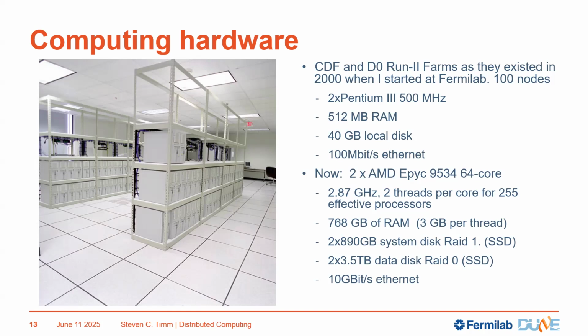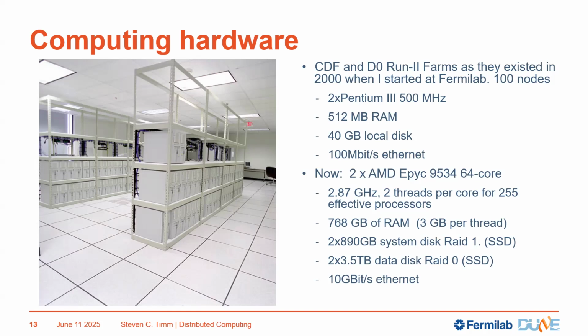When you could actually still use a regular desktop as a performance thing. Intel caught wind of people doing this and they made it not so easy to do. All right. 512 megs of RAM, 40 gigs of local disk, 100 megabits per second Ethernet adapters on the back. Okay.